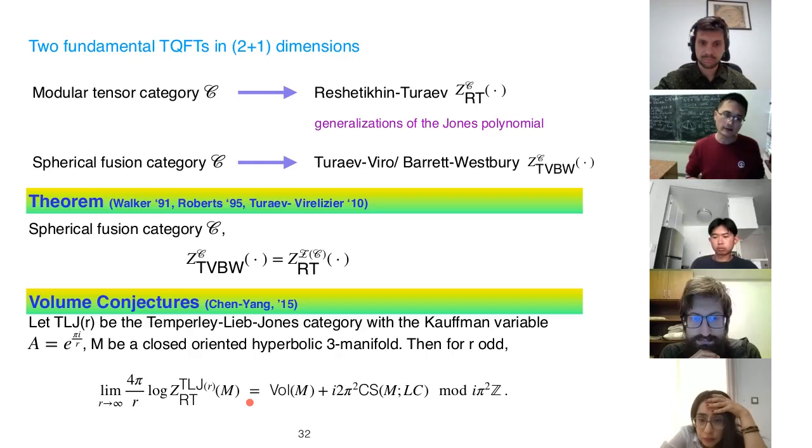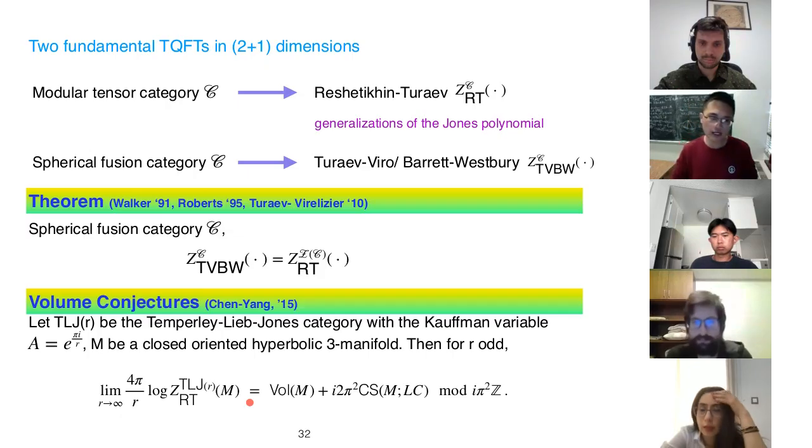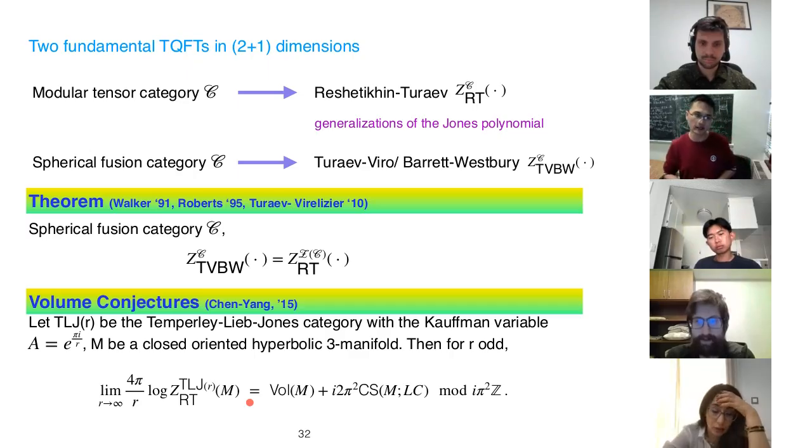Then for any closed oriented hyperbolic three-manifold M, if you vary the parameter r in the Kauffman variable A and let r go to infinity, the conjecture states that the Reshetikhin-Turaev quantum invariant of the three-manifold M behaves roughly like the exponential of the hyperbolic volume of the manifold.